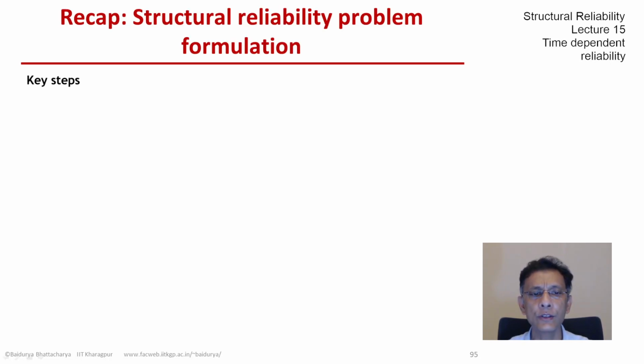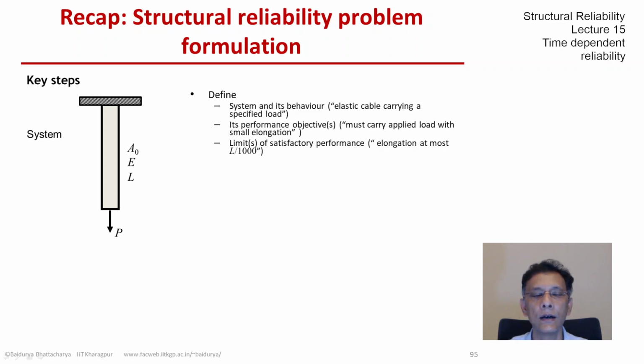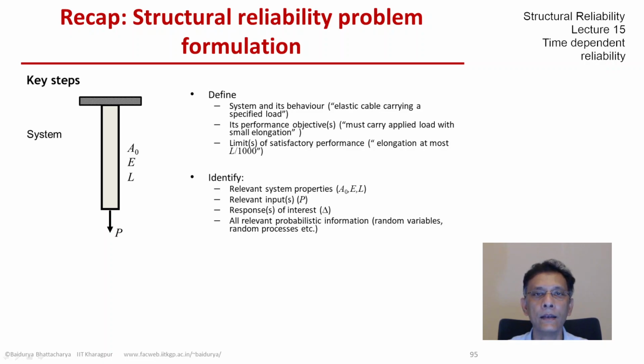So let's go back to the key steps that we discussed at the beginning of this part, that we have a system which is defined in terms of its behavior, its performance objective, the limits of satisfactory performance. We are able to identify the system properties, the inputs, and the responses of interest, and the corresponding probabilistic information.